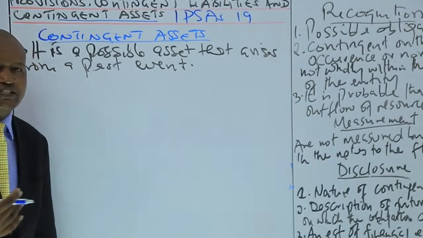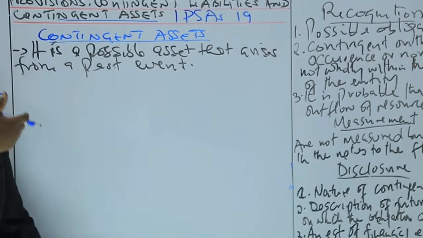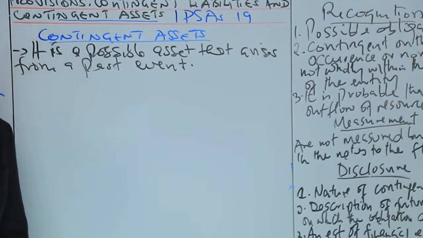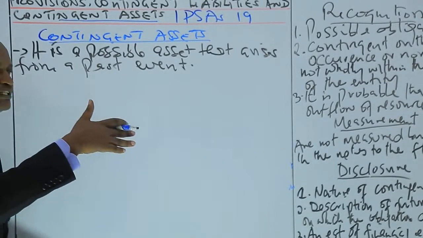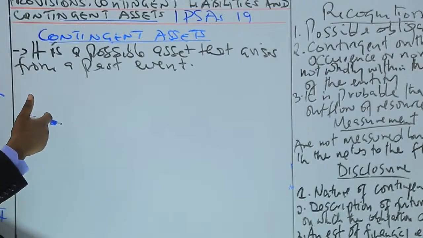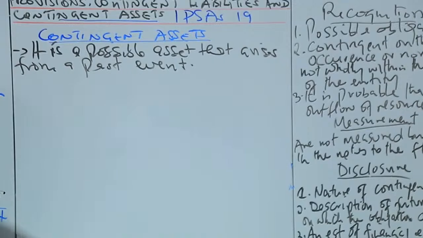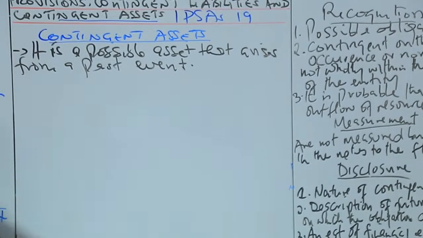It is a possible asset that arises from a past event and whose existence will be confirmed only by the occurrence or non-occurrence of one or more uncertain future events not wholly in control of the entity. And just like contingent liabilities, contingent assets are not measured. They are not measured but disclosed in the notes to the financial statements.